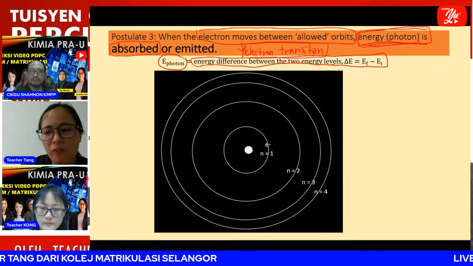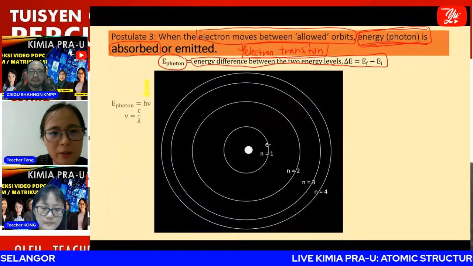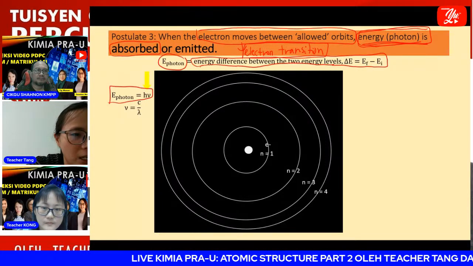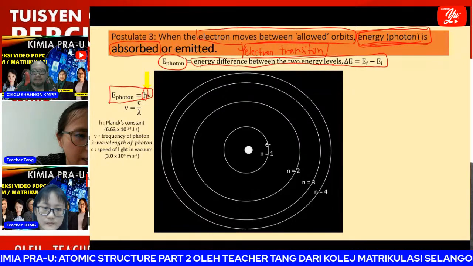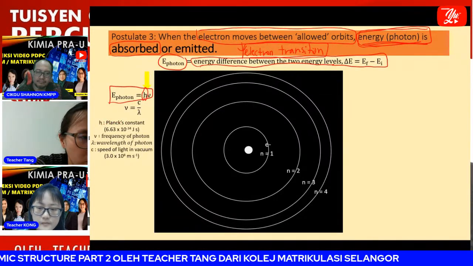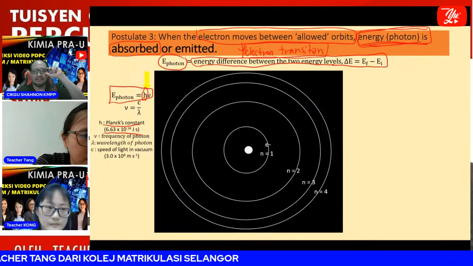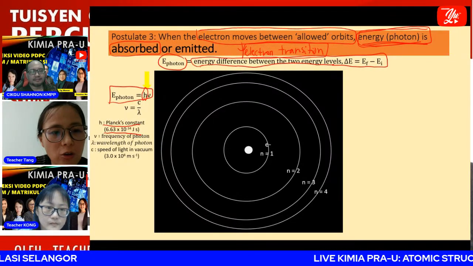For the energy of the photon, we can calculate it using this formula, where h is the Planck constant. The Planck constant is a constant with the value 6.63 times 10 to the power of negative 34 joule second.